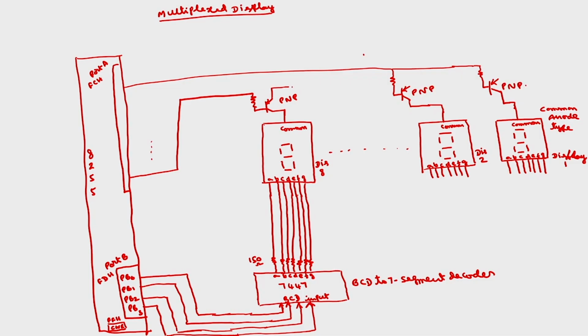All these emitters we are going to connect to the plus 5 volt supply, and the base is connected through the ports.